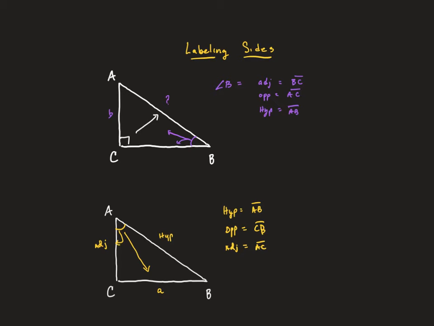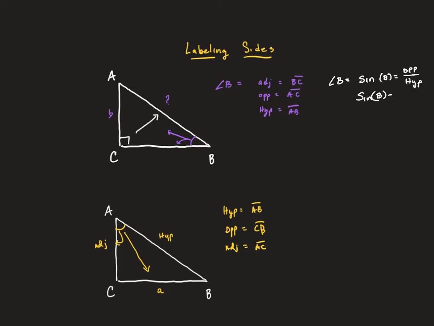Okay, let's go back here for a second. When I talk about angle B, the sine of angle B is going to be the opposite over the hypotenuse.